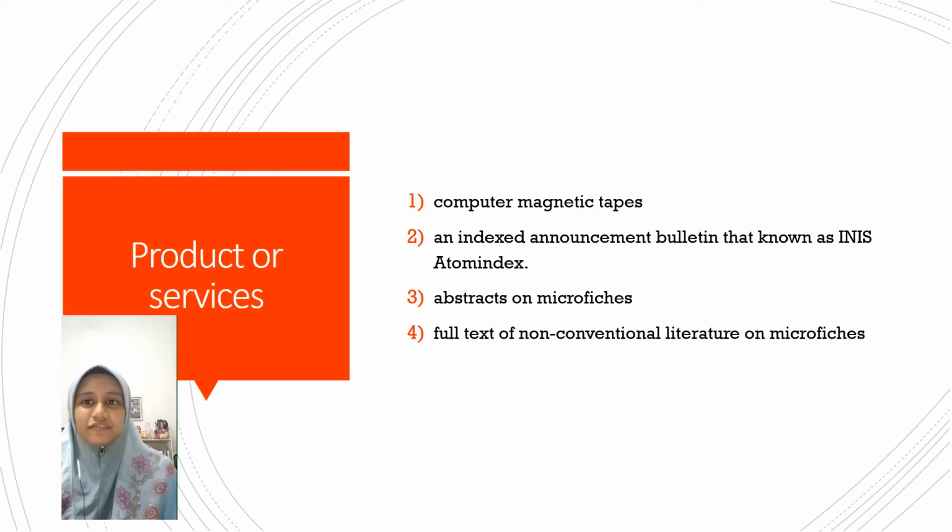INIS has a few products. The first product is computer magnetic tape. This product contains bibliographic records and subject descriptors for all items of literature reported by INIS.